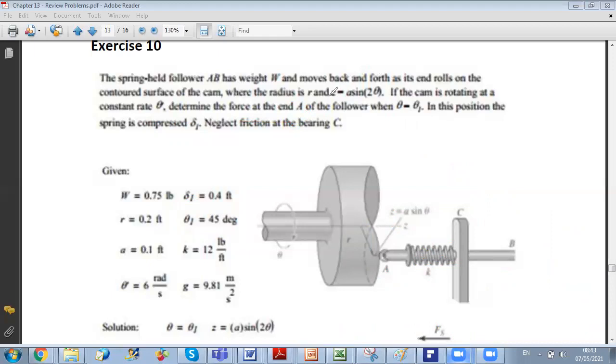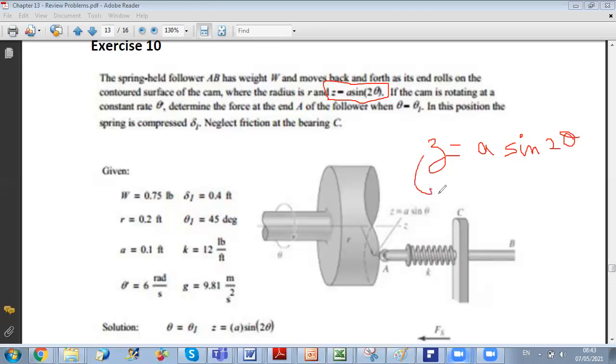So as you can see here, Z is a given function of theta. So you have that Z is equal to A sine 2 theta. And since AZ is defined as the second derivative of Z with respect to time, in order to find the expression of AZ, we should differentiate Z first.